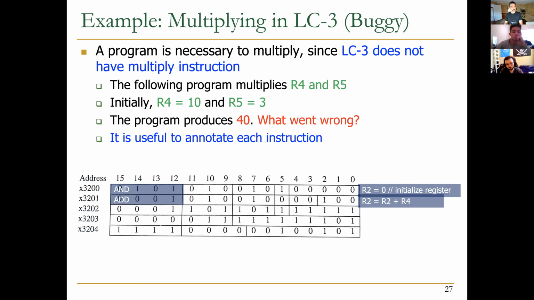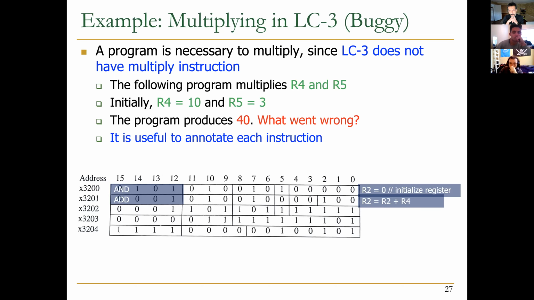By the way, one way of multiplying two numbers is, in this case with 10 and 3, you could add 10 to itself 3 times, right? This is one way of calculating multiplication, very simple.